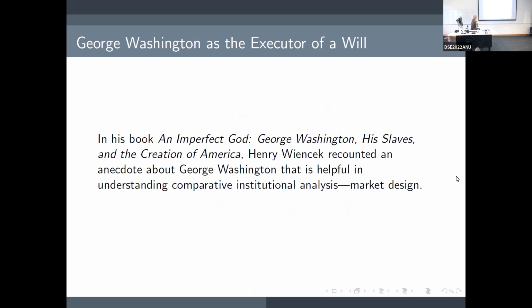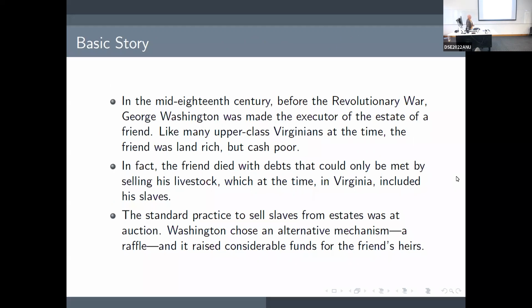A standard example I like to give about this is from a book by Henry Wincheck, which was a biography of George Washington. In it, George Washington is a fairly young man, and a friend of his dies.